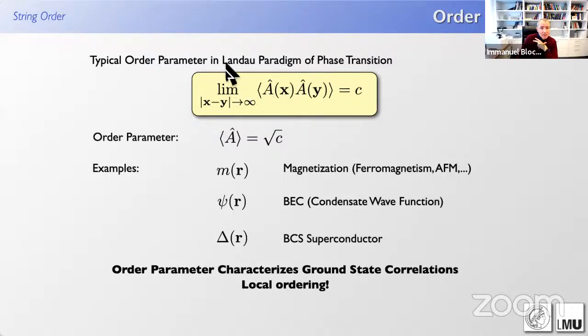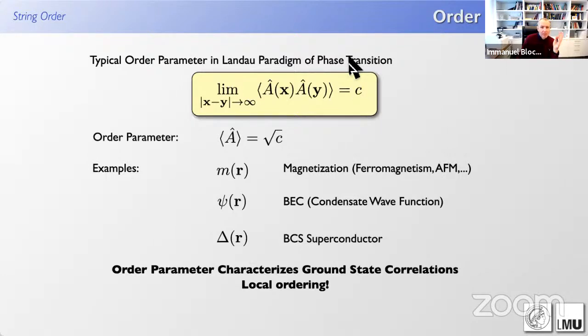And in this traditional Landau paradigm of phase transitions, we typically characterize the order parameter by some operator A, which we look at how it correlates at 2 points in space. And if we take the distance between those 2 points in space to infinity, and this correlator assumes a constant value, then we say this is a good order parameter for the phase of matter that we're characterizing.